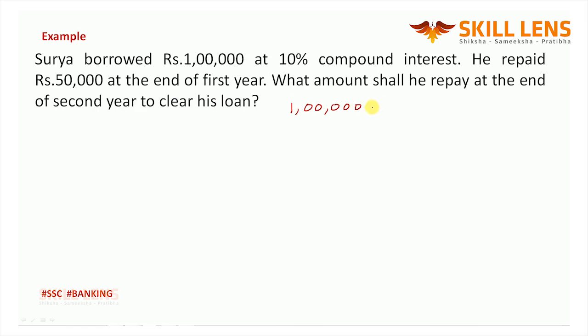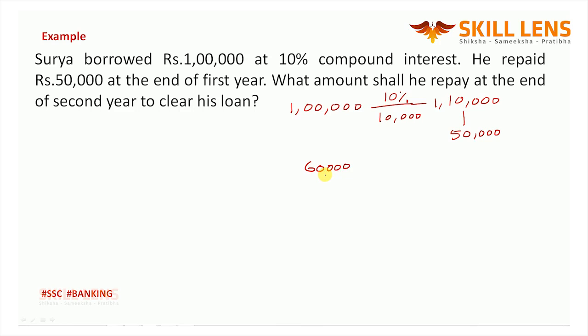On this 1 lakh, the interest rate is 10%. What is 10%? 10,000. 1 lakh plus 10,000. Surya is supposed to pay at the end of 1 year 1 lakh 10,000. But he repaid 50,000. So he needs to repay how many rupees again?